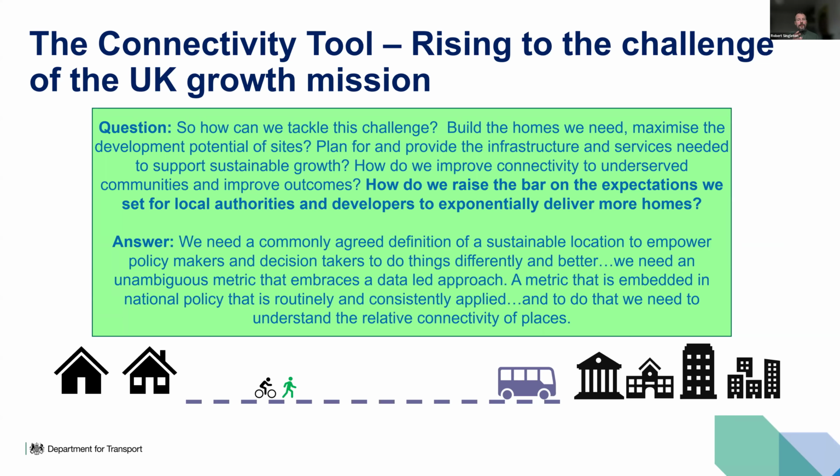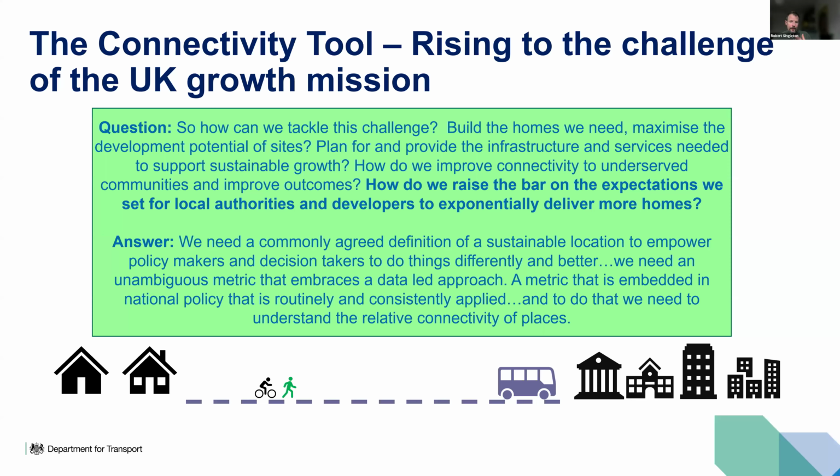How do we improve the connectivity of underserved communities? This is not just about new development. This is about communities that are already isolated and reconnecting them to the destinations they need to get to. But also, how do we raise the bar on the expectations we set for not only local authorities, but developers in exponentially increasing the delivery of new homes?